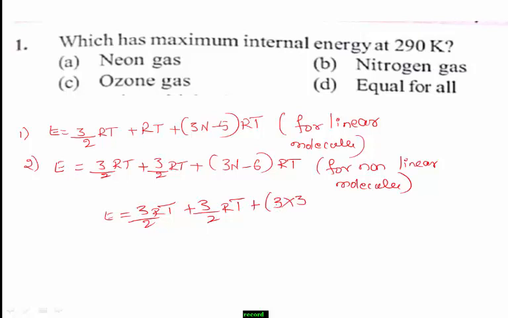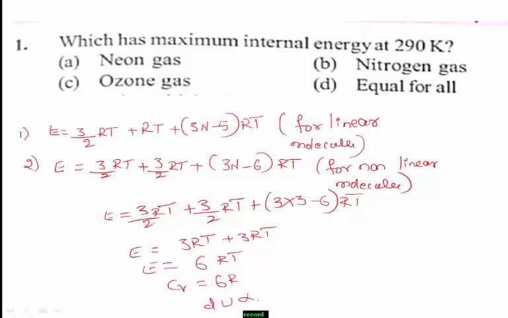Here n indicates number of atoms, so 3 into 3 minus 6 equals 3. E equal to 3 RT plus 3 RT, right? E equal to 6 RT. Then CV equal to 6 R, because dU is directly proportional to CV.